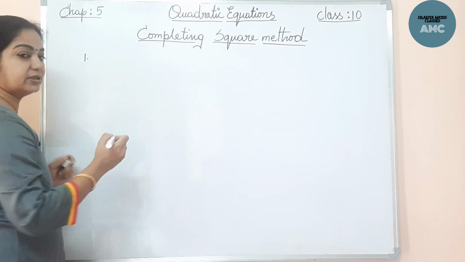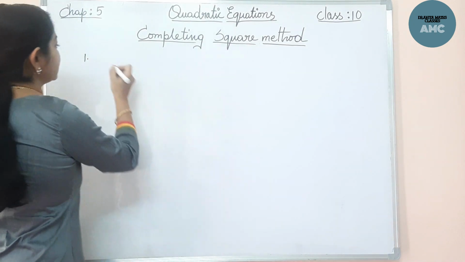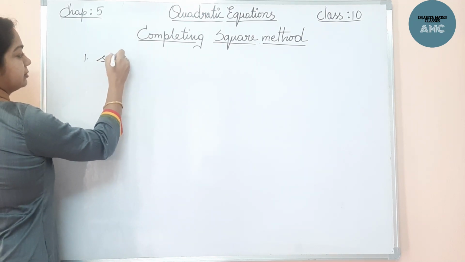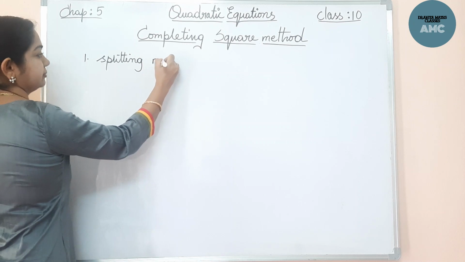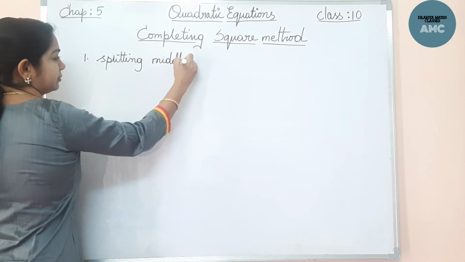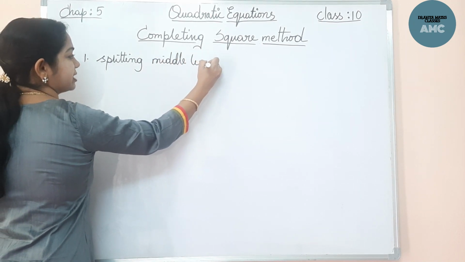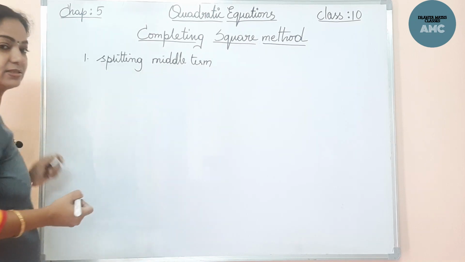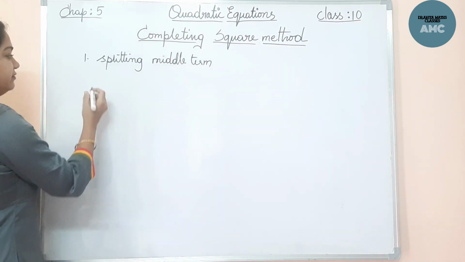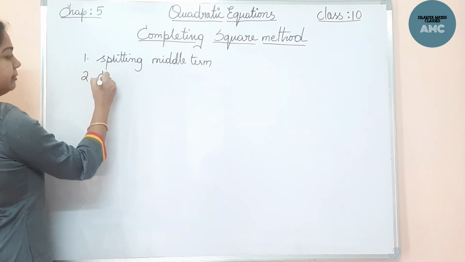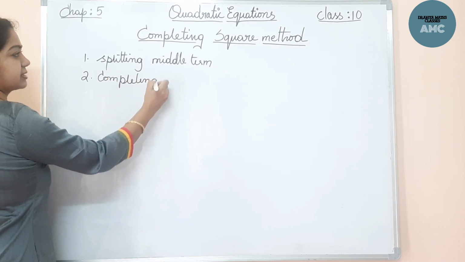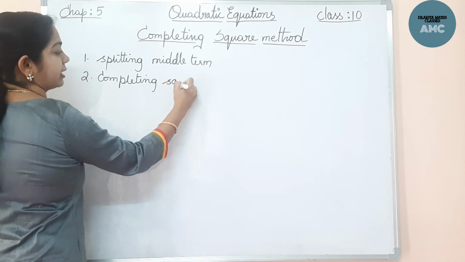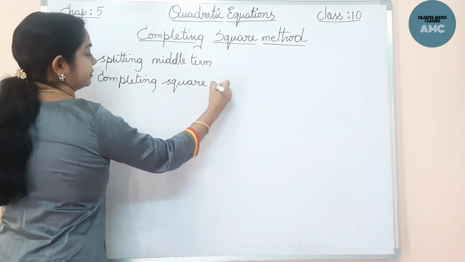One method for finding the roots is splitting the middle term. In the previous session, we did this and the problems based on it. The second method to find the roots is the completing square method.